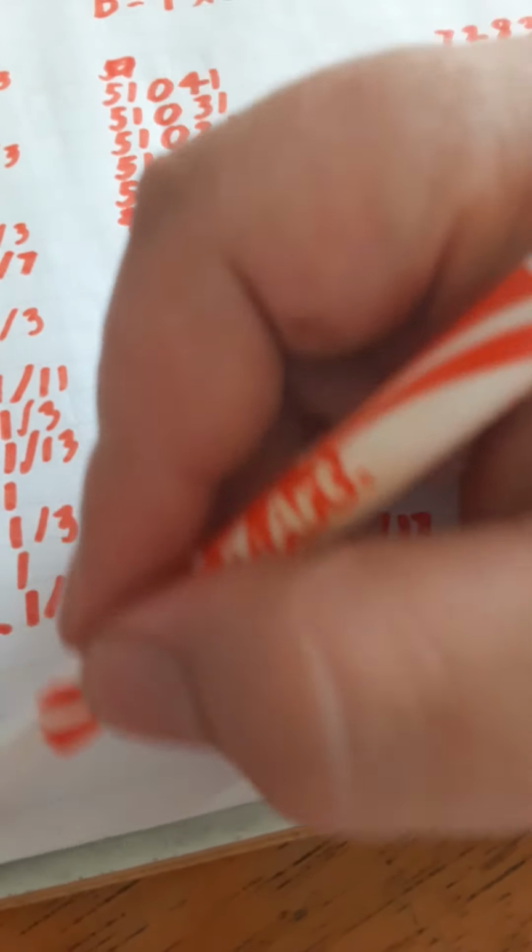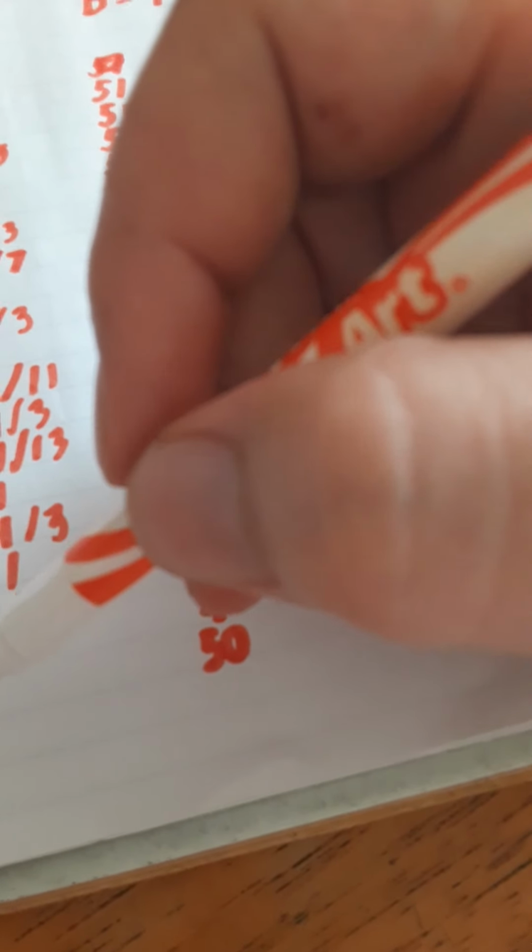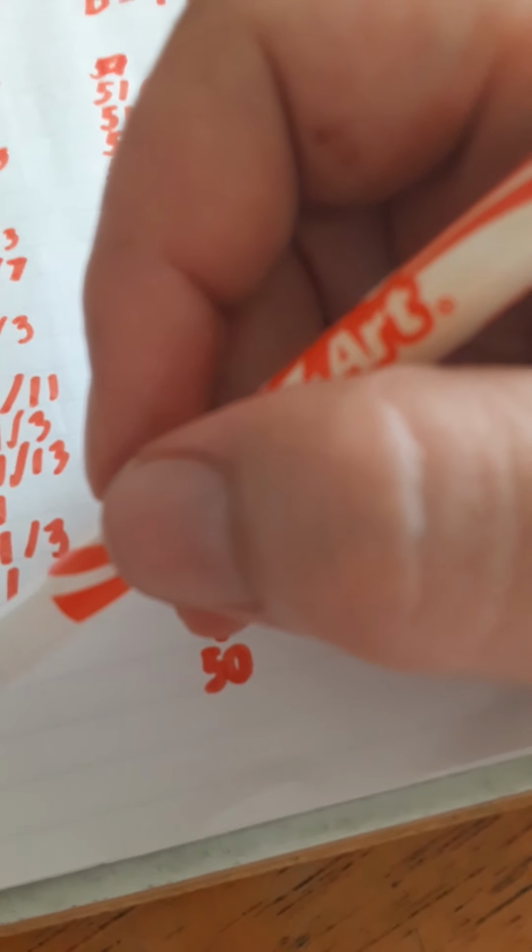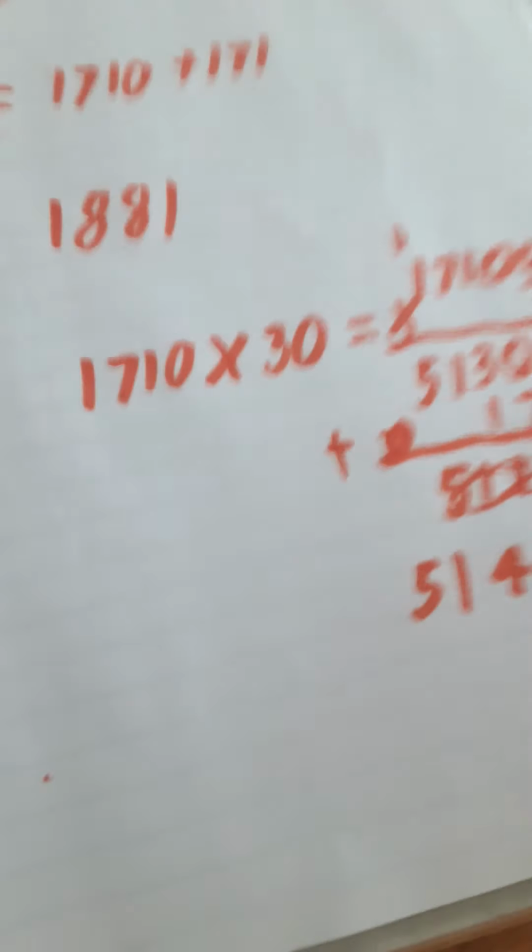So the nearest one would be 200 above that, and that would be divisible by 19. That should be divisible by 19.